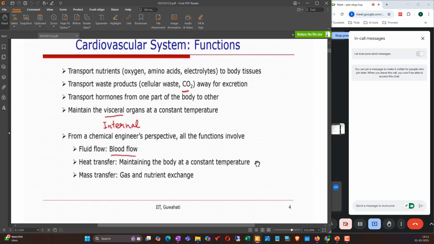It maintains the visceral organs, which are the internal organs, at a constant temperature.